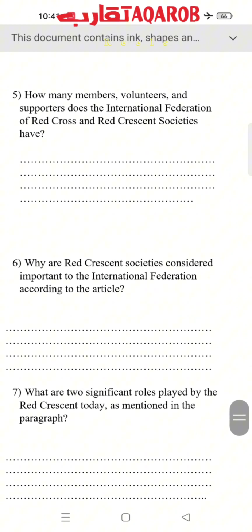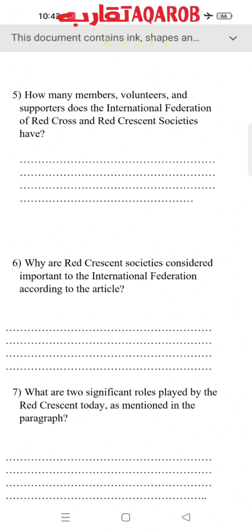Now, number 5. How many members, volunteers, and supporters does the International Federation of Red Cross and Red Crescent Societies have?